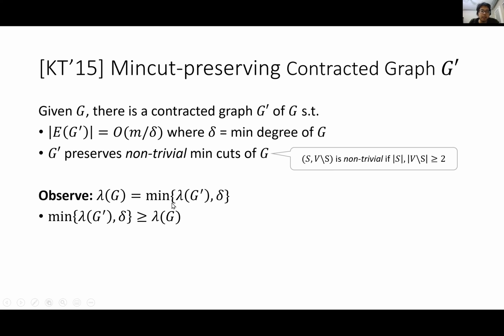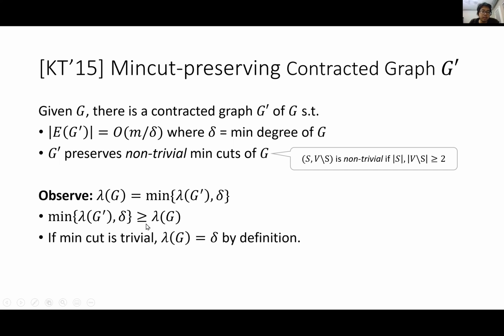First, observe that both of these numbers are never an underestimate of edge connectivity. And the reason is that G prime is a contraction of G, so the size of the min cut never decreases. And also a vertex with min degree forms a cut in the graph, so its size is at least the min cut. All right. So we have one direction.